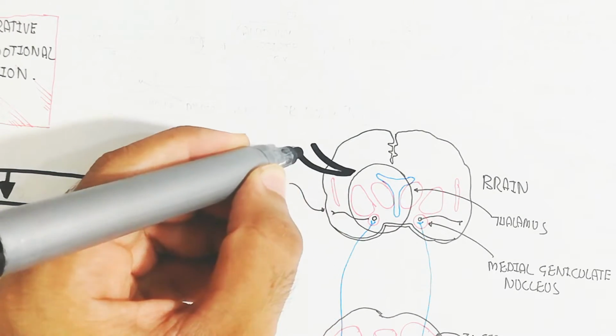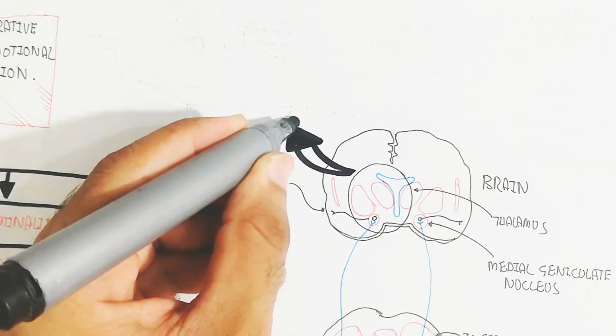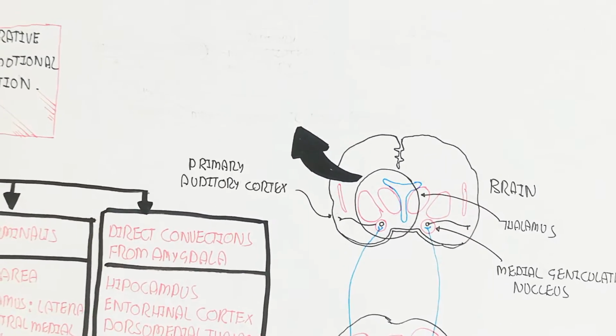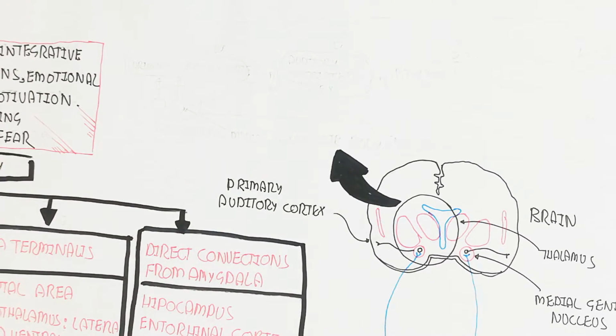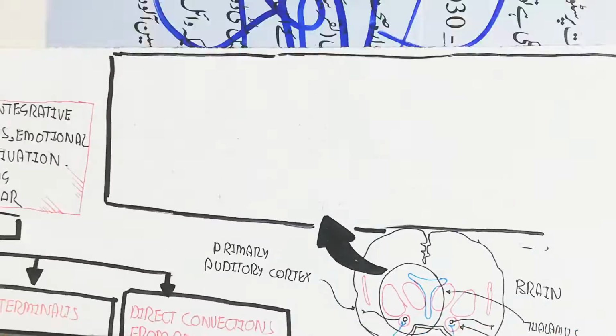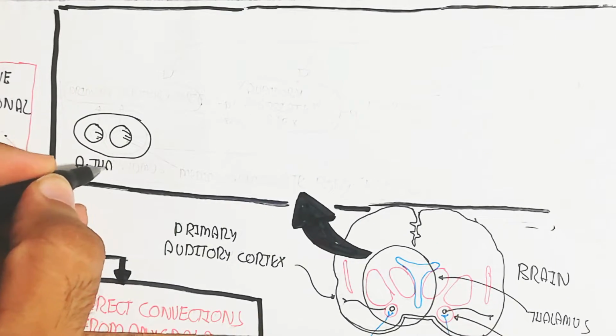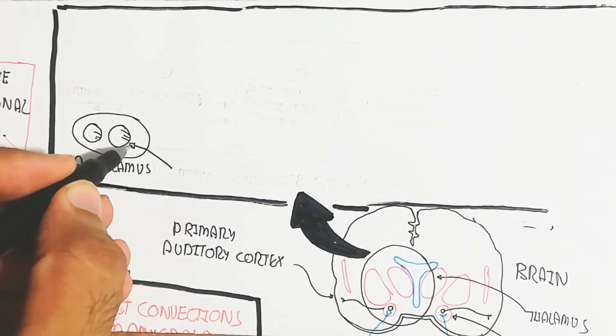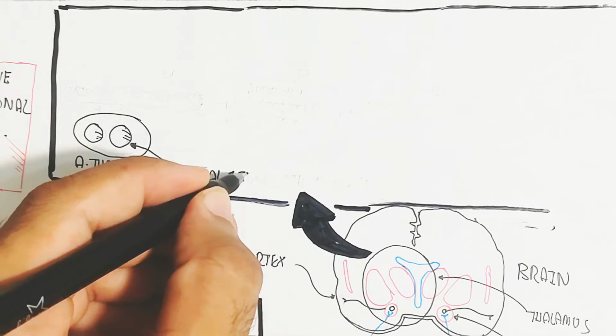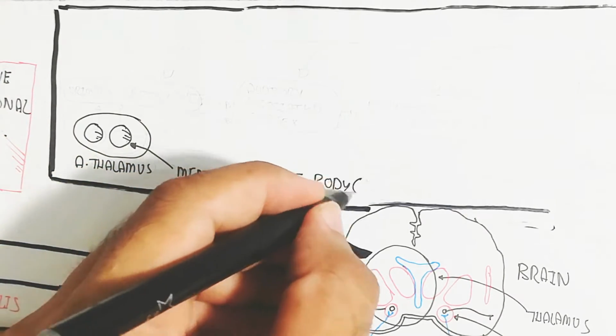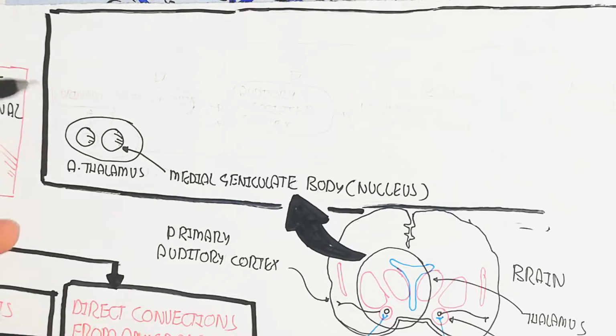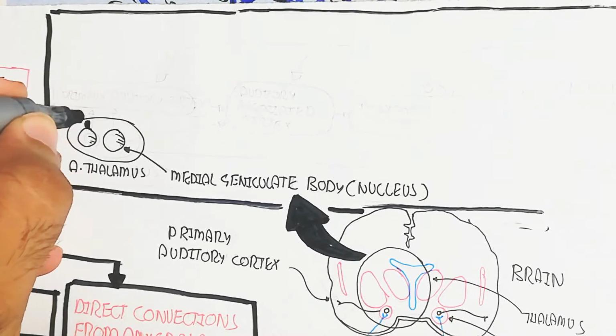Here, let's begin to understand the thalamus and its function, and the amygdala. This is the auditory cortex containing the auditory thalamus, which contains the medial geniculate body, as you have understood.